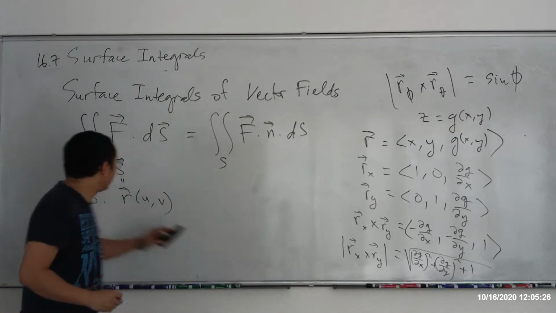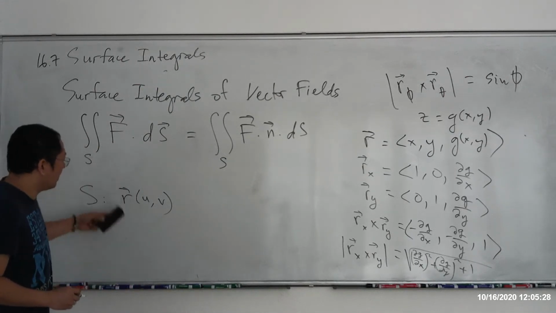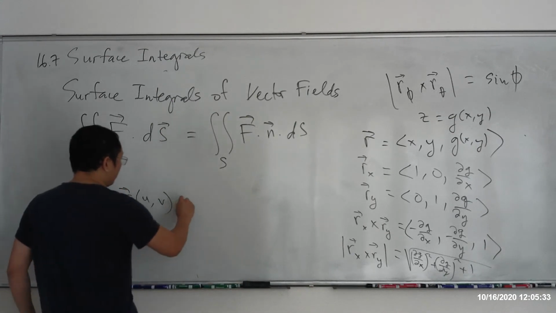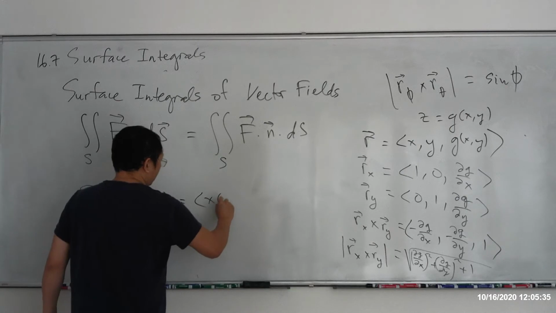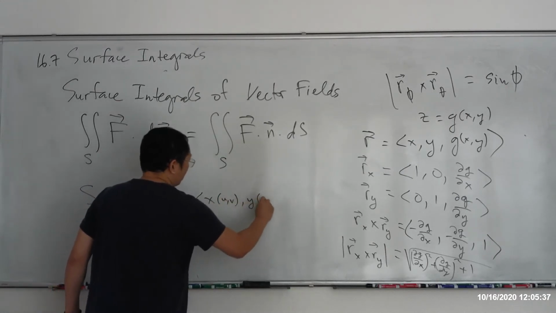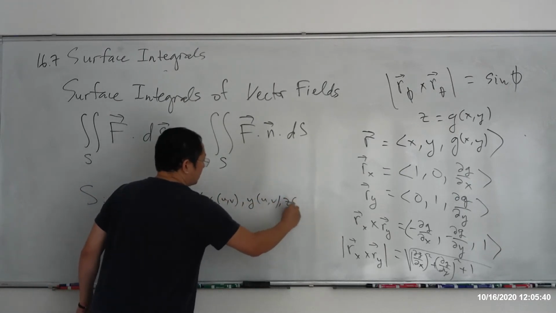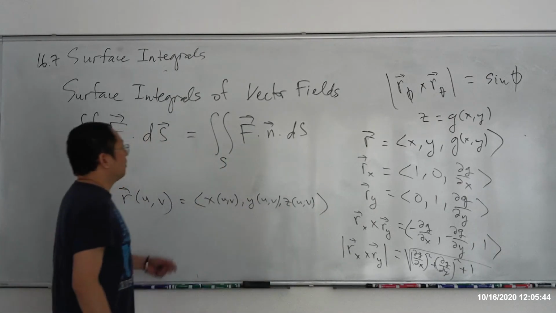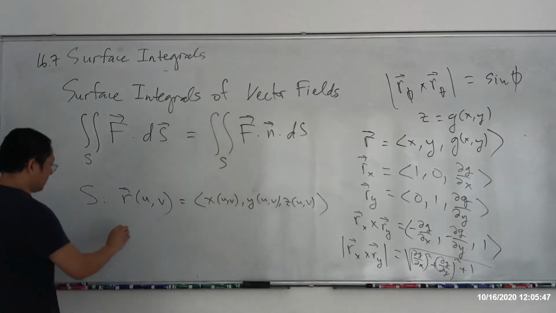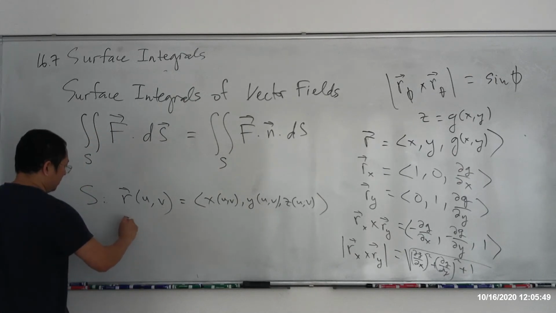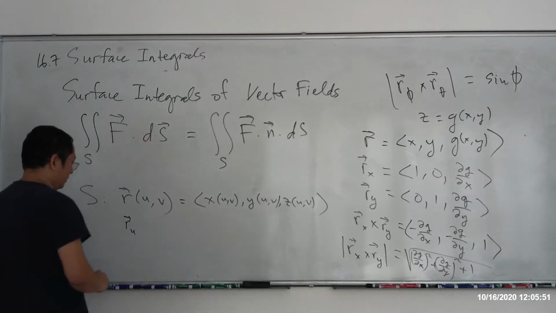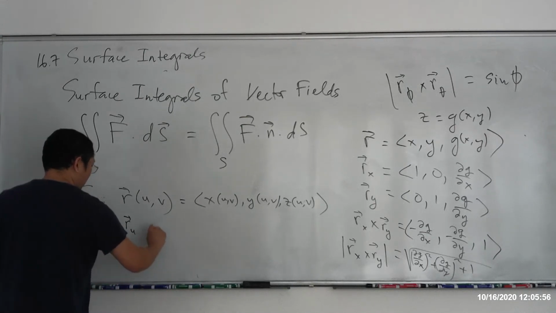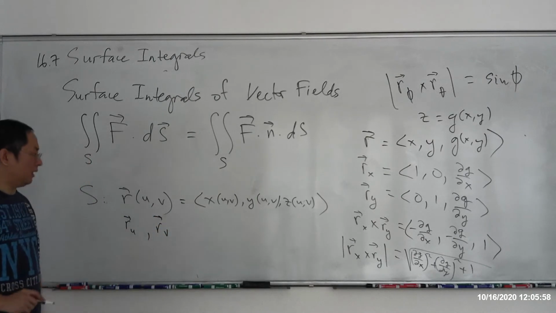Let's go back to the way we write it. The book used S, but this is what it is. S is R(u,v), which is x in terms of u and v, y in terms of u and v, and then z in terms of u and v. And then we know how to calculate the normal vector. First we calculate Ru, the tangent vector in the u direction, and then Rv, the tangent vector in the v direction.